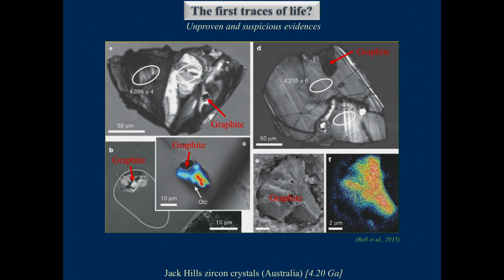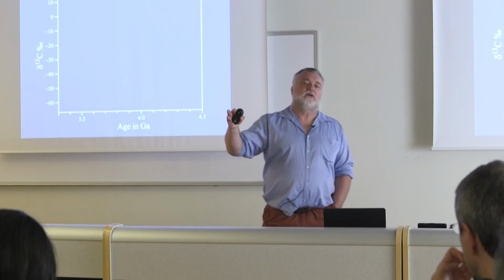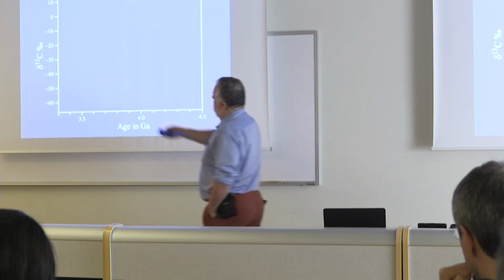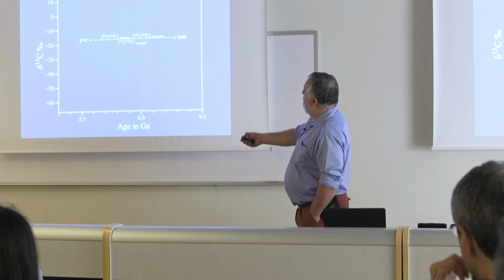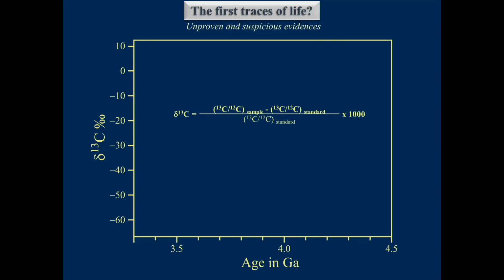So, okay, this graphite has been analyzed, of course, graphite is carbon, for carbon isotopes. And this value here represents more or less the ratio between 13 carbon and 12 carbon. So this approach is very interesting because here is a range of composition for inorganic elements, like ocean water, atmosphere.